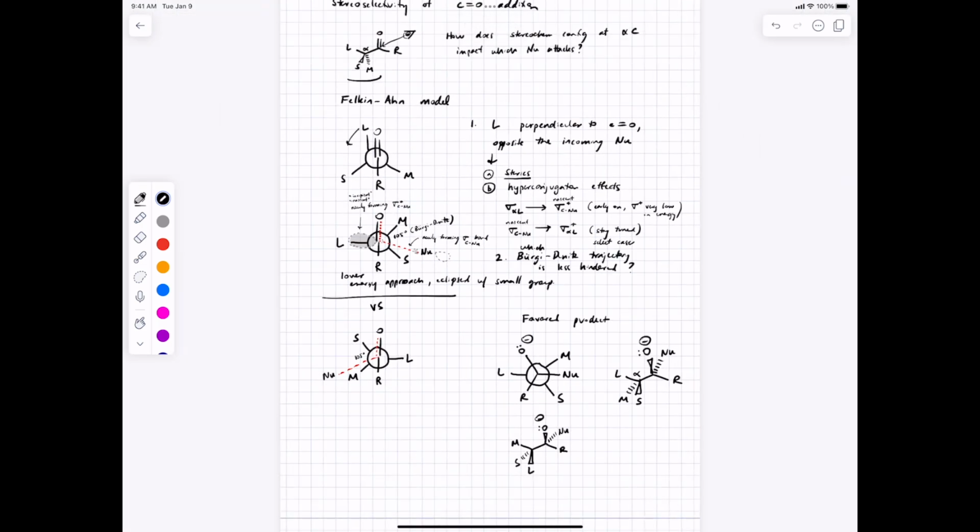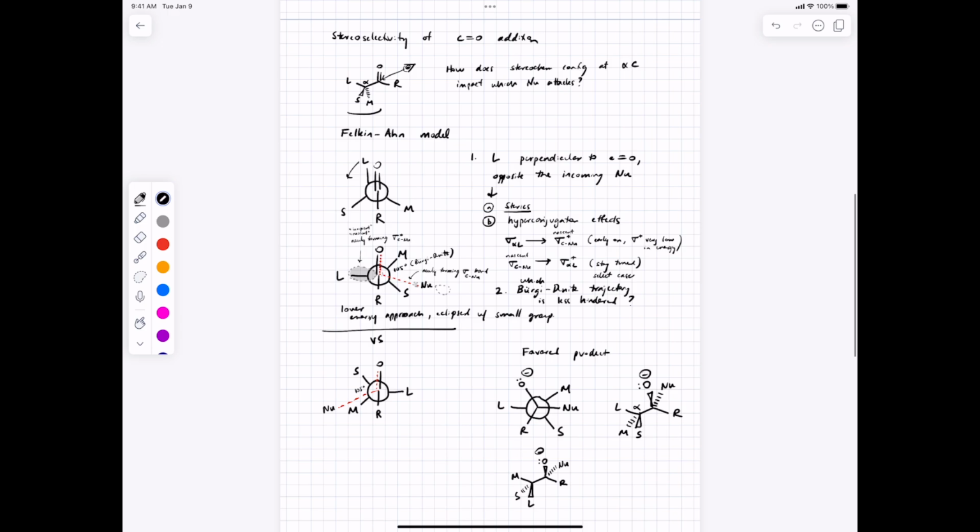So, in determining which groups are largest, I imagine there are both steric and electronic effects, right? Yes. The selectivity will clearly be influenced by how much of a difference there is between large, medium, and small.